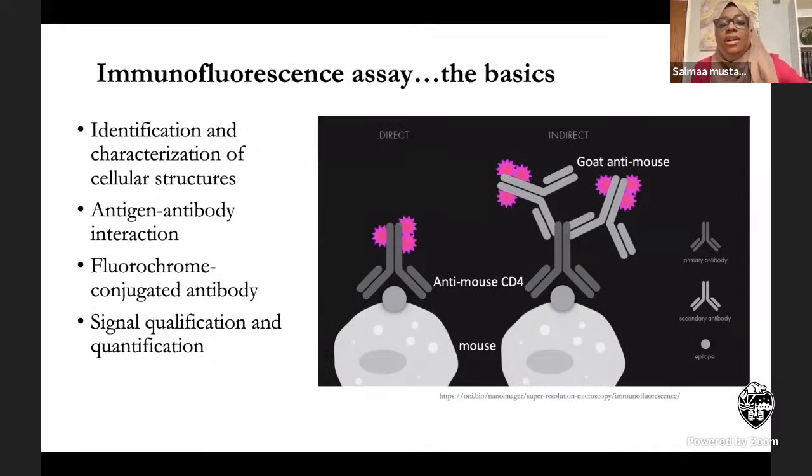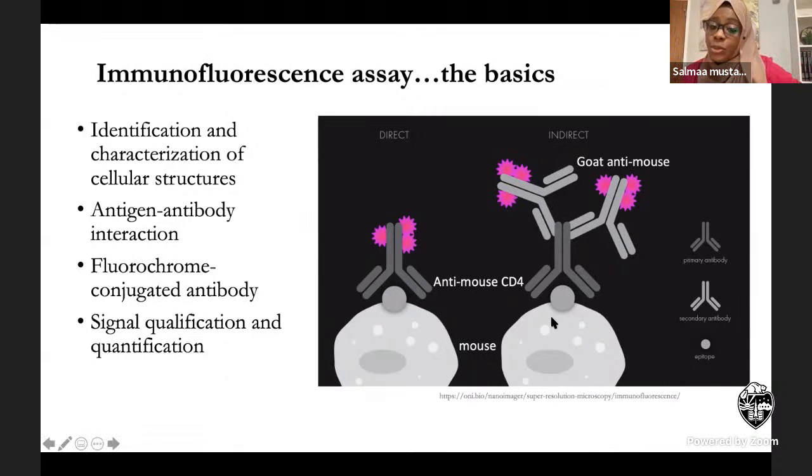I didn't really use direct in any of my experiments. I've always used indirect because I read that it amplifies your signal better, so that's why we use indirect, but definitely it's not just about cost why you choose direct over indirect. It's faster. And if you're using a rare protein, it's hard to find secondary antibodies, so they already have the fluorochrome-conjugated primary that you can use.